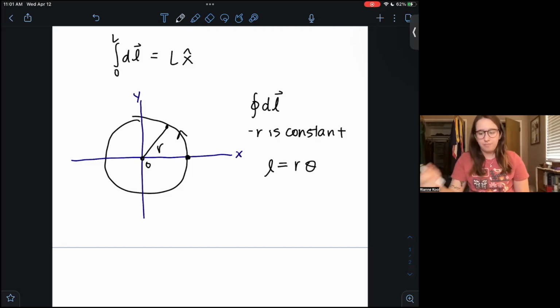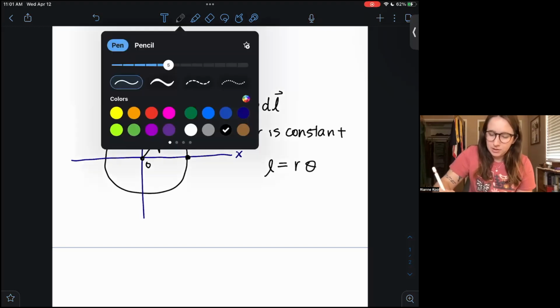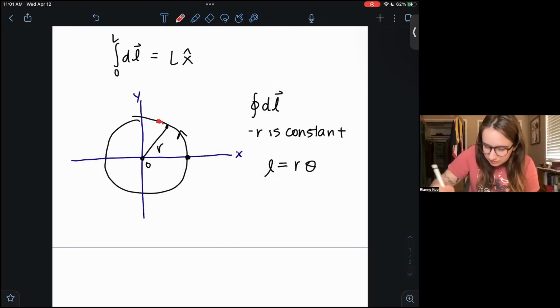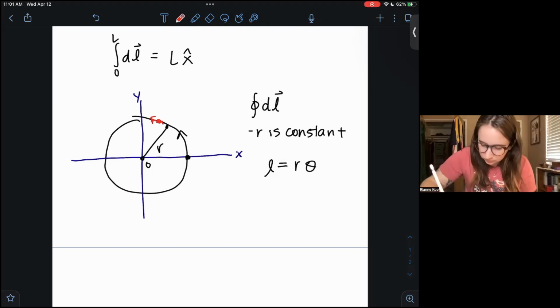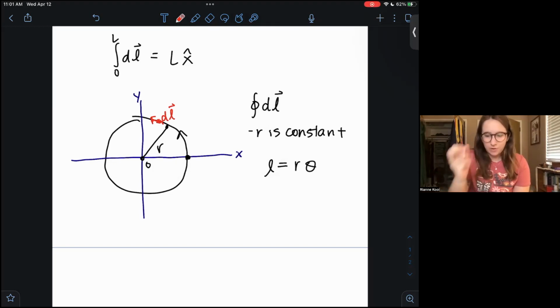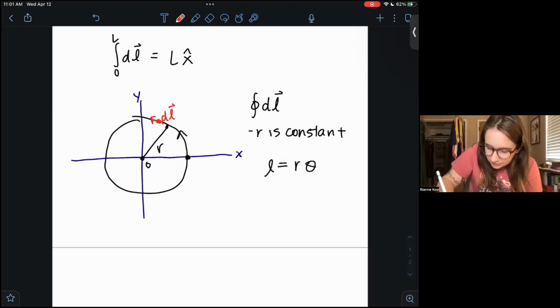So if we wanted to look at an infinitesimally small ds, or dL in this case, it's going in that direction, and let's say that it has this d theta. I'm going to draw this in a different way.